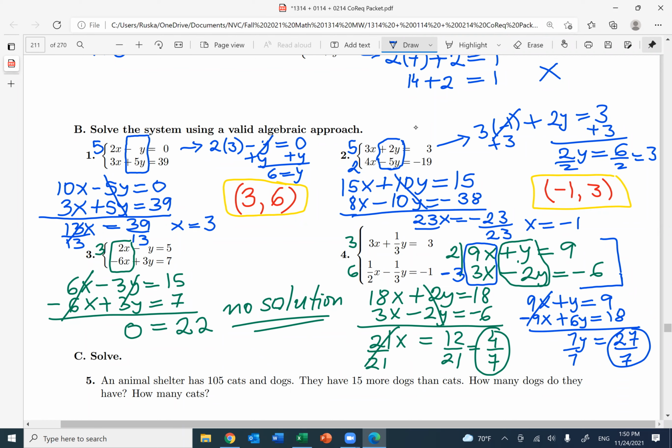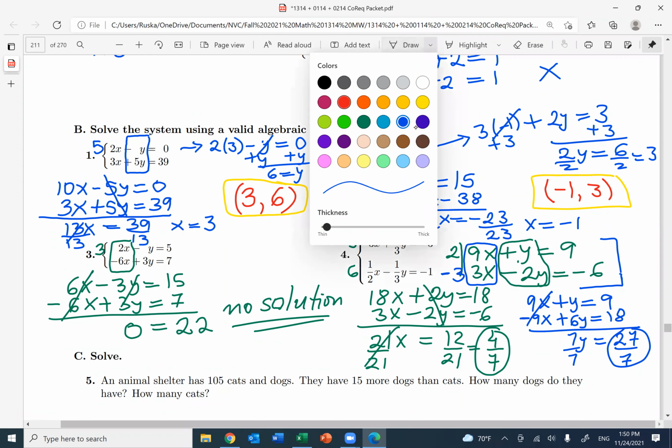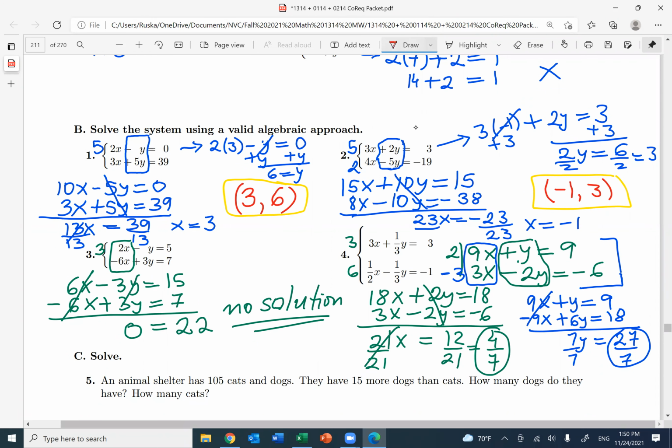Okay? And the solution, you're gonna write the solution as a pair, of course. You have to be in that specific order. So the first number is x. X is 4/7. And y is 27/7.